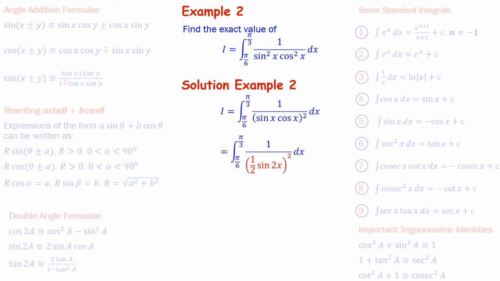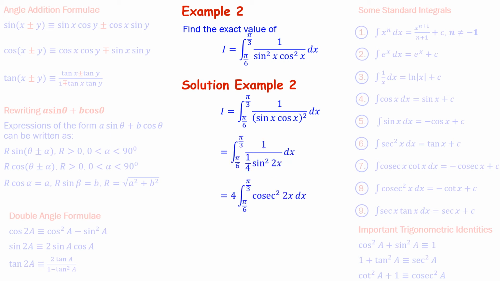If we square a half sin 2x, we obtain a quarter sin squared 2x. 1 divided by a quarter is simply 4, and we take that outside the integral as shown here. And inside the integral, we're left with cosec squared 2x.